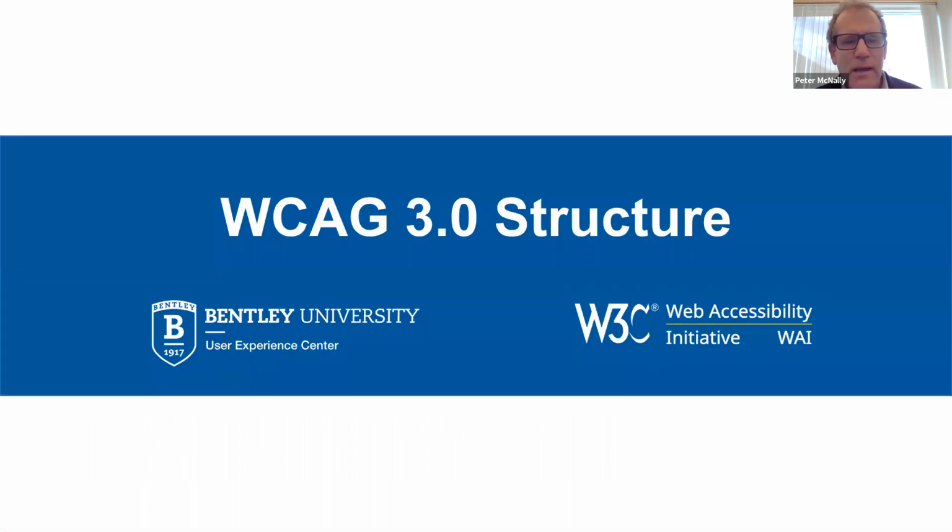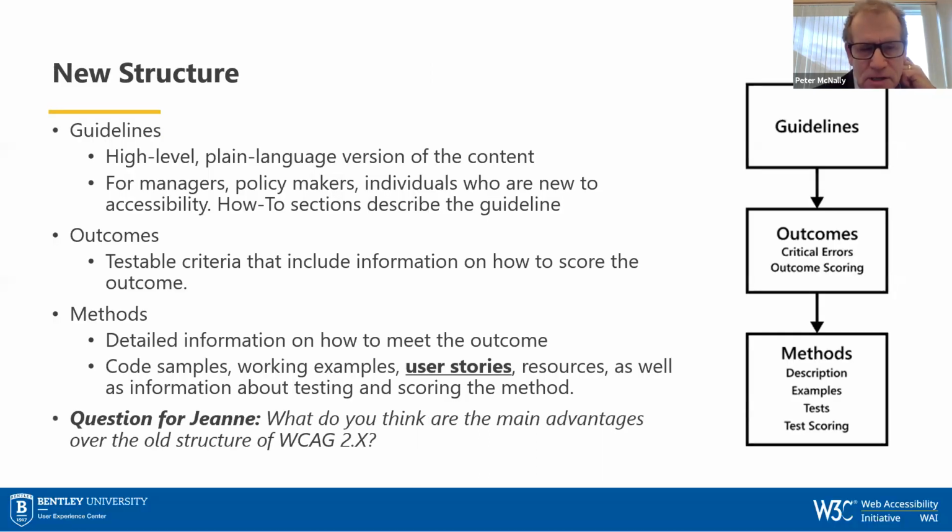So now we're going to talk about the structure that's proposed in the first draft of the WCAG 3.0 guidelines. As Jeanne mentioned, the structure has changed going forward. There are three main elements. There's guidelines, which are a high-level plain language version of the content.